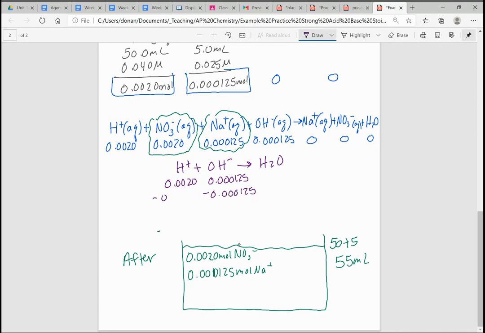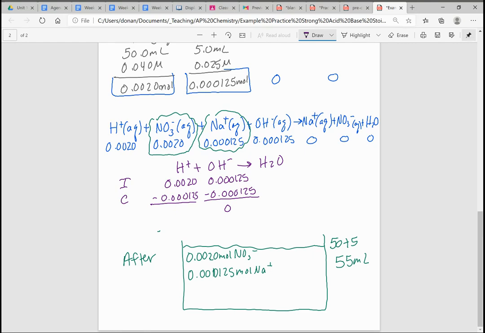And that means we're also going to use that much of the hydrogen, because that's our change row and that's our stoichiometry. If I use 1 hydroxide, I use 1 hydrogen. If I use 0.000125 hydroxides and run out, I use 0.000125 moles of the hydrogens.